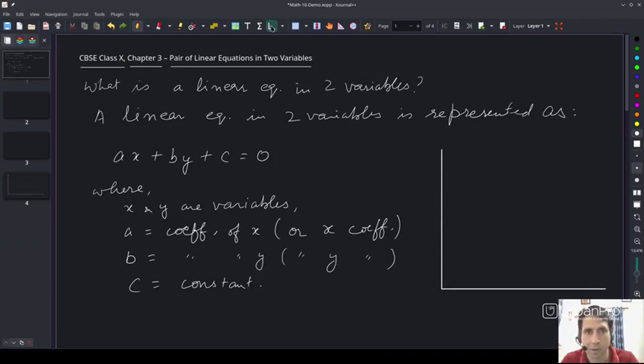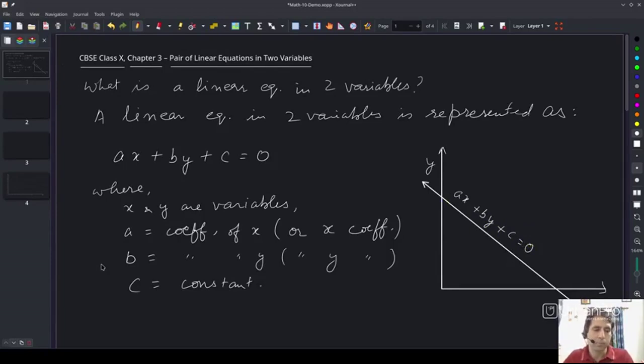Suppose this is the x axis and this is the y axis, and this line represents ax plus by plus c is equal to 0.